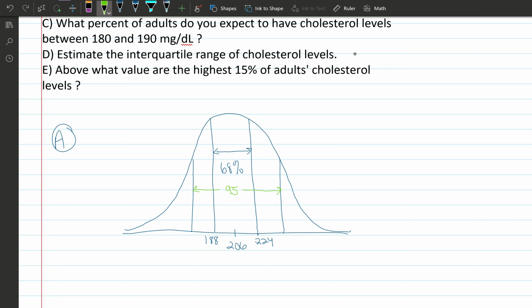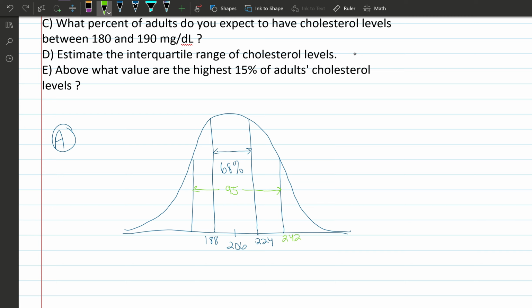So if we take 206 and add two standard deviations, so we have 2 times the 18 that was given as the standard deviation, that'll be 206 plus that value, which should give us 242.